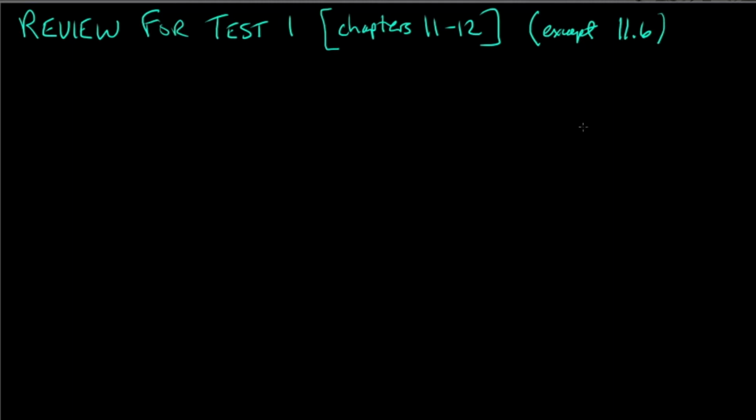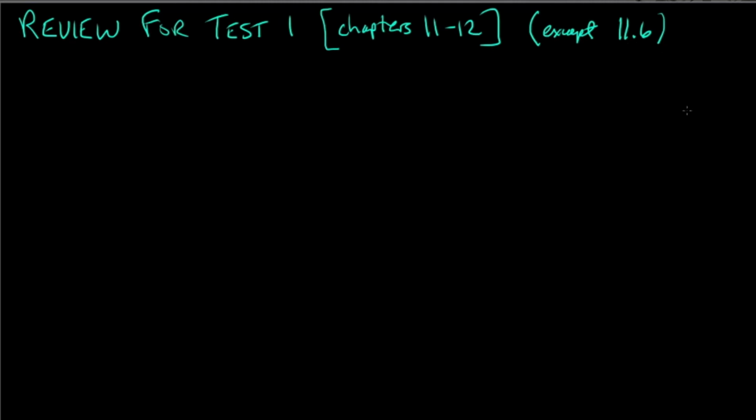Obviously, you should know what these surfaces are, but I'm not going to ask, what's this the equation of? Is it a cylinder? Is it a hyperbolic paraboloid? Is it an ellipsoid? You don't have to memorize all those equations because those will be given. It's what you can do with those equations, and maybe convert them to cylindrical or spherical coordinates.